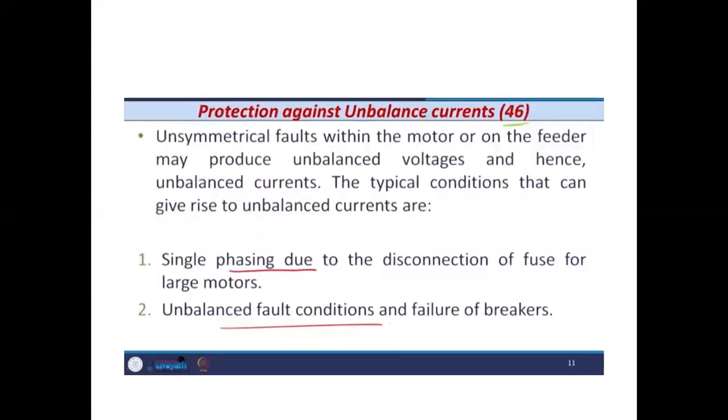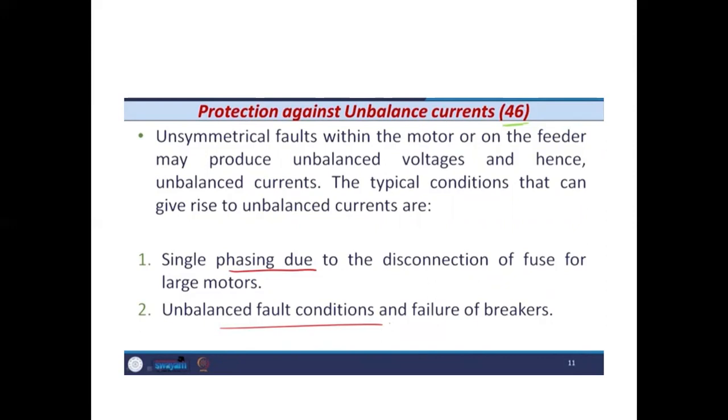Now the next phenomenon is protection against unbalanced currents. The number given to the unbalanced relay is 46. This type of relay is also known as negative phase sequence protection or negative phase sequence scheme.